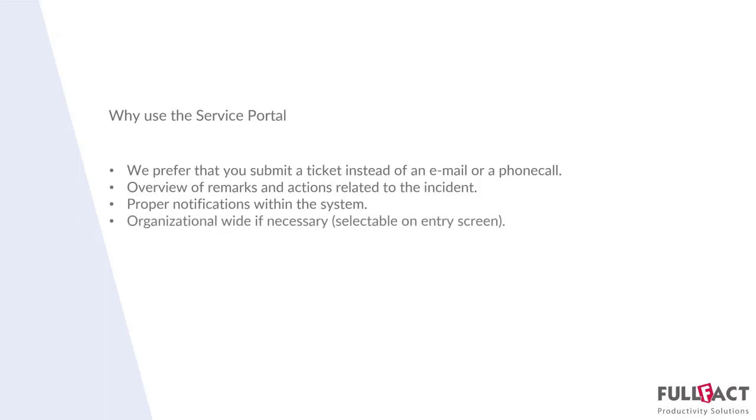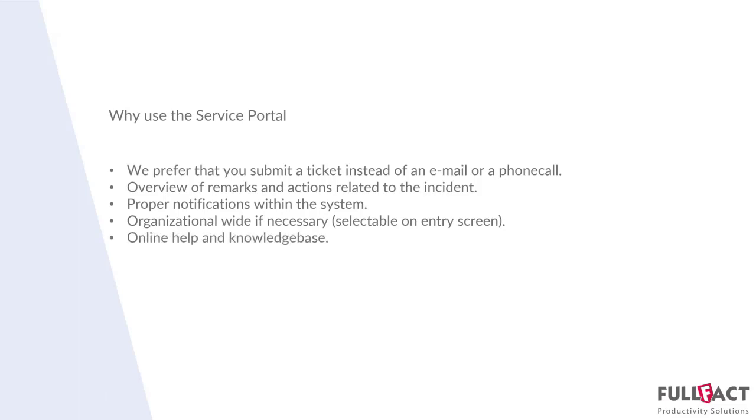When you raise a ticket, you can define that your complete organization, meaning all the persons available within our user service portal with the same domain name, should receive the information about this ticket, the updates, and so on.